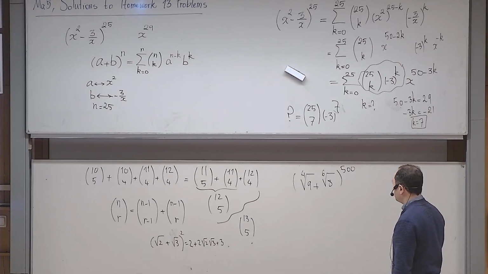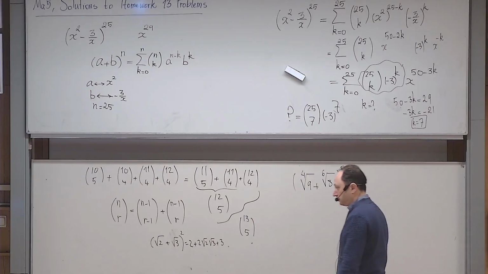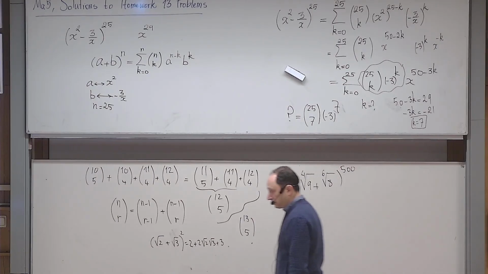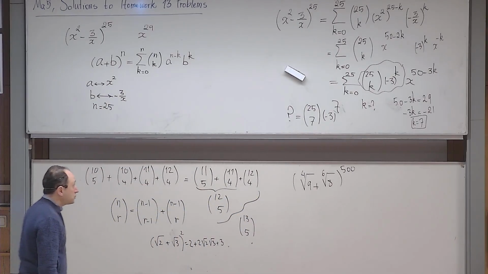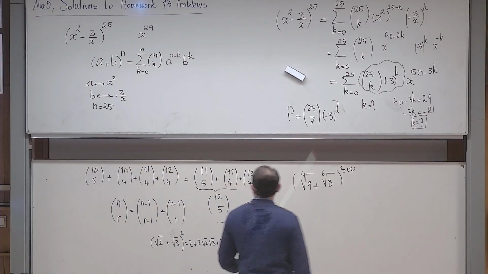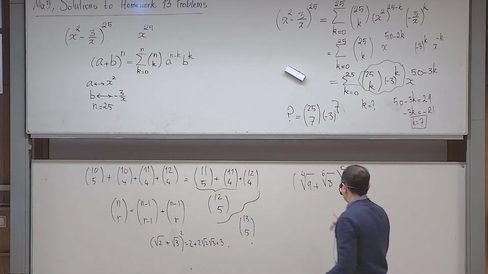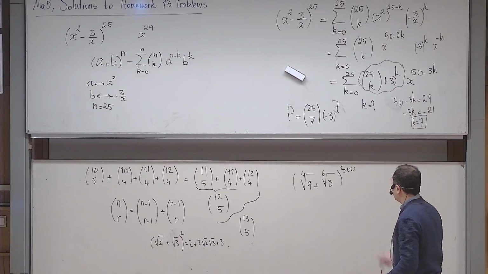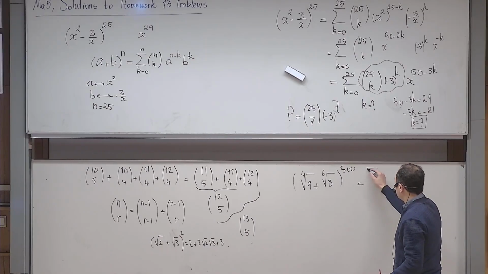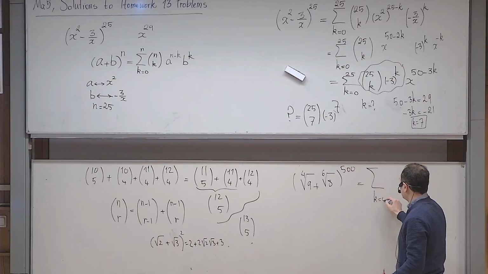Let us use the binomial formula. So it is on the board now. Yes, here. If you compare this one with the standard formula, A is this number, B is this number, and C is this number, N is this number. Let me put them here. K goes from 0 to 500.